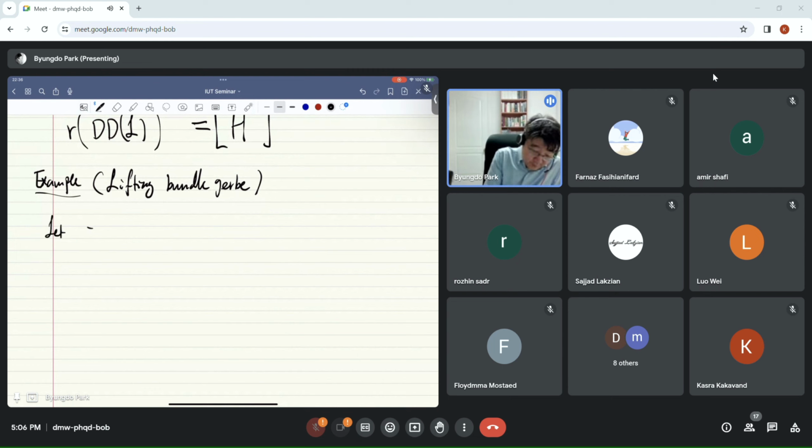So basically, you begin with this map pi from Y to M. This is a principal PUH bundle, let's say. It could be just a group G.